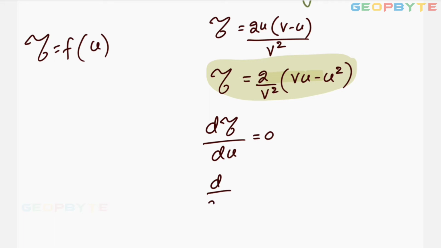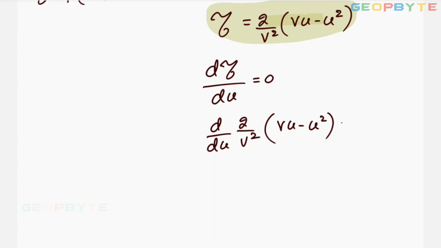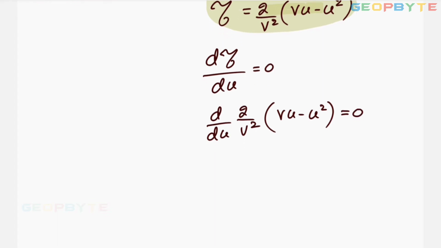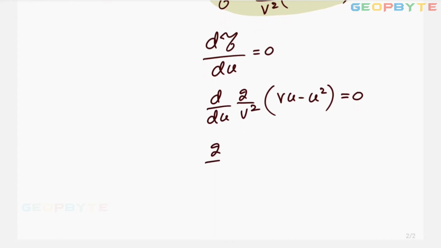Let us do that part. d by dU of the efficiency, which is 2 by V square into Vu minus U square. Here V is treated as constant. Therefore it is 2 by V square. Let us differentiate this part. d by dx of kx equals k.